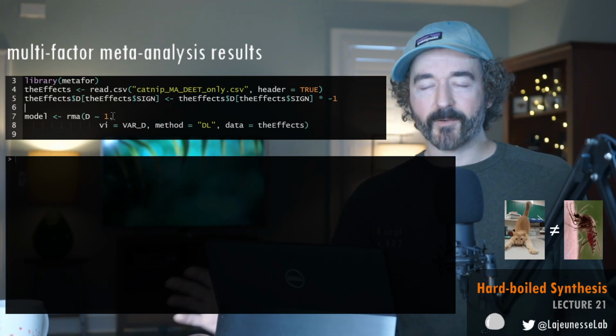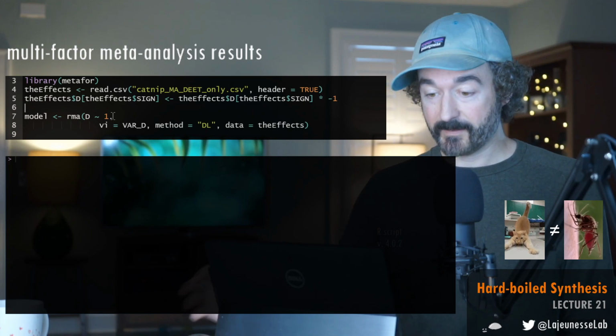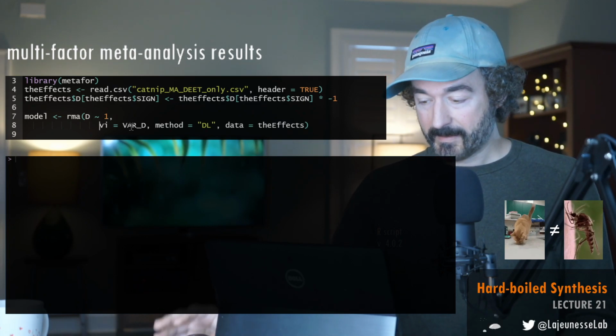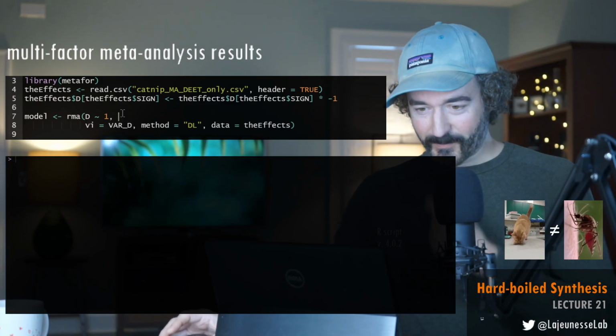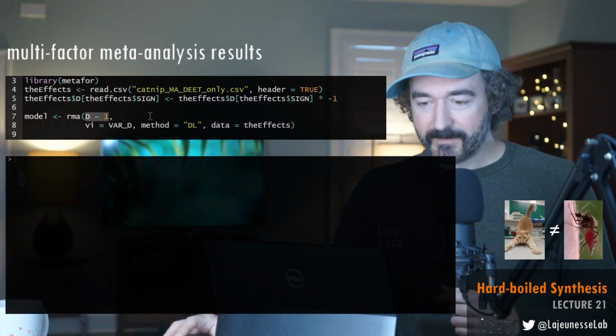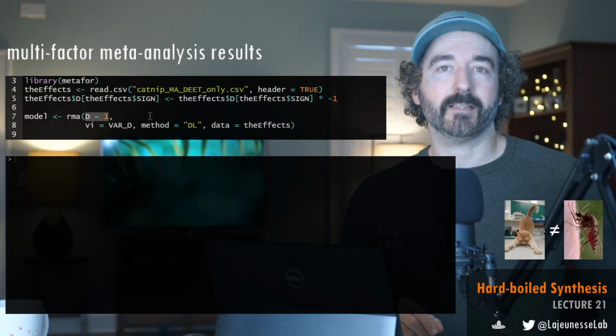And right now it's just doing a grand mean across all the effects, right? I don't know why I didn't clean this up before for you guys. So this is the main model. It's just doing a grand mean across all effects. I got about 128 in the data set.